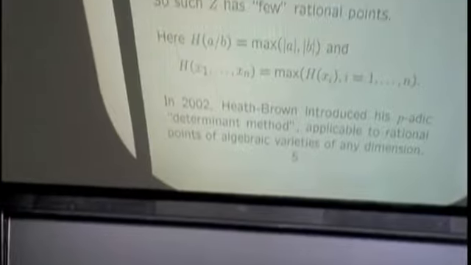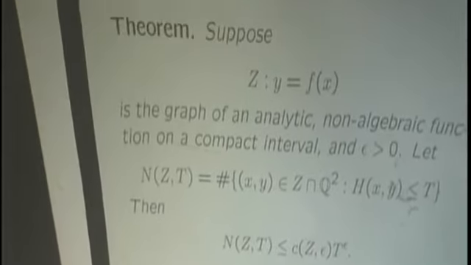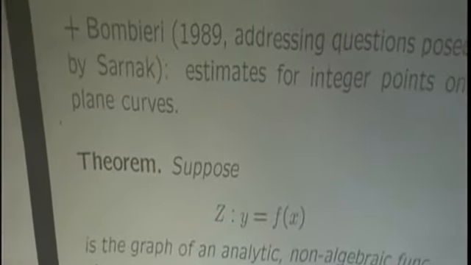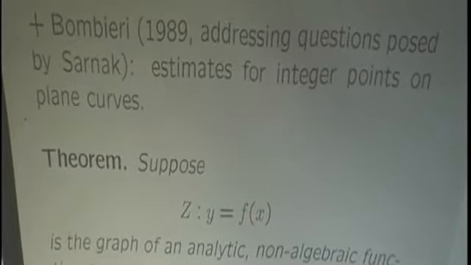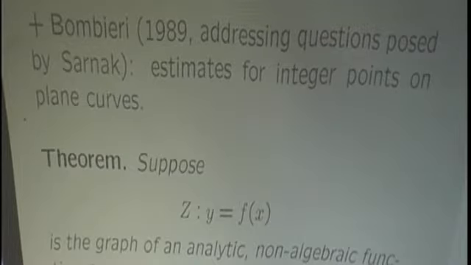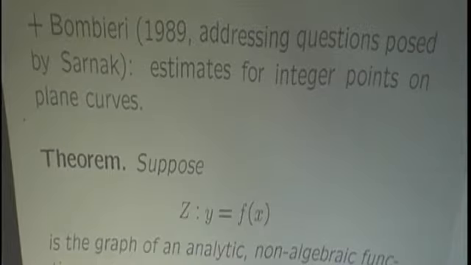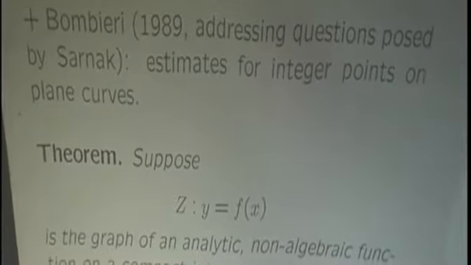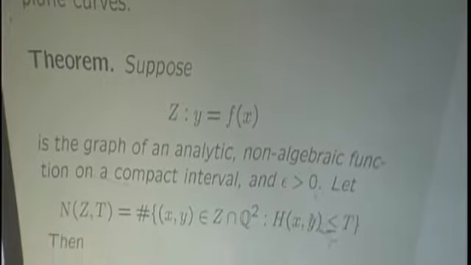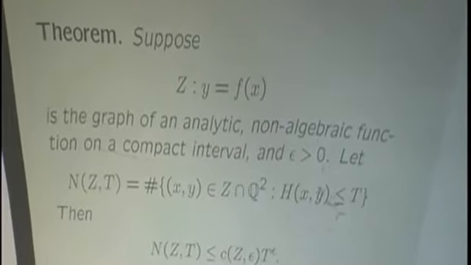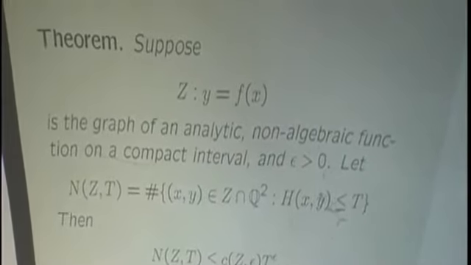So in 1989, jointly with Bombieri, we proved some results about integer points, but really you can, by the same method, prove things about rational points on plane curves. In particular, this theorem here, that on the graph of an analytic non-algebraic function, there are rather few rational points.